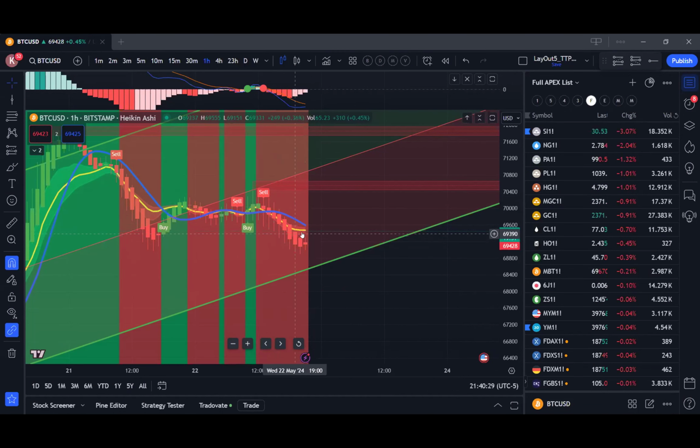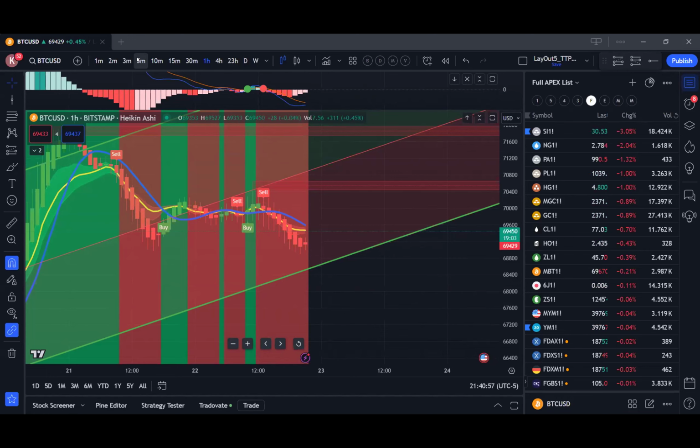You have a red dot here, and it is still going down. Nearly from 70,500, it came to 69,420. It might reverse after a couple of hours, and maybe then start going up. But as of now, for a swing trade, it is bearish.